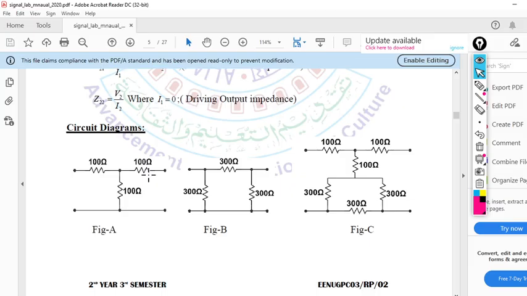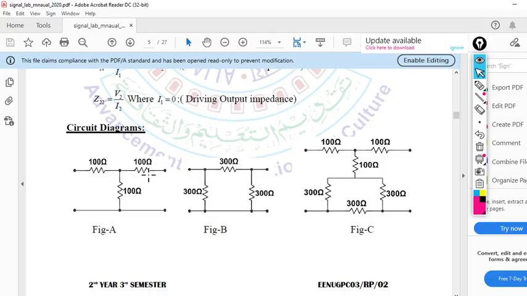The second thing is that whatever devices and components you take, first one member will register what components, that means the number of resistors, multimeters, breadboard, whatever components your group is taking, you have to register it first.